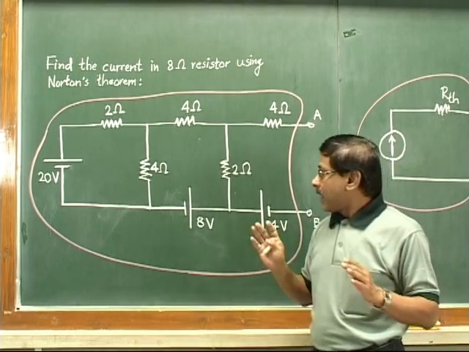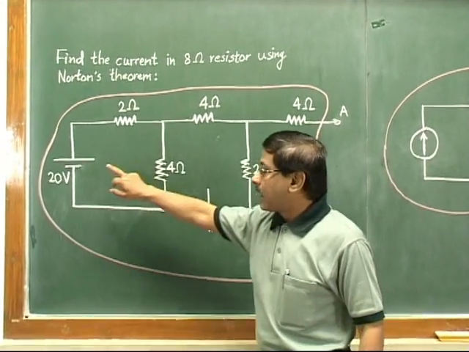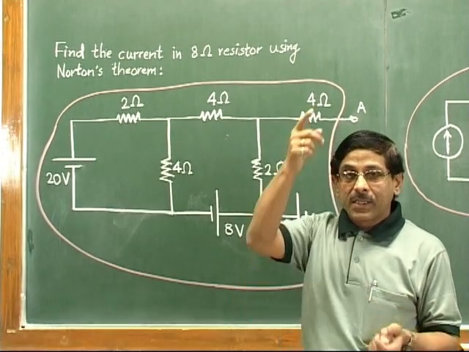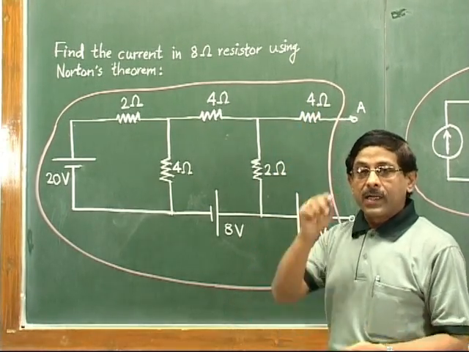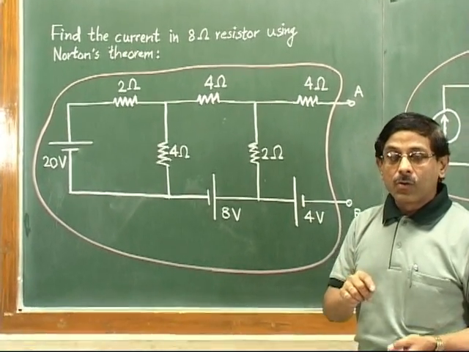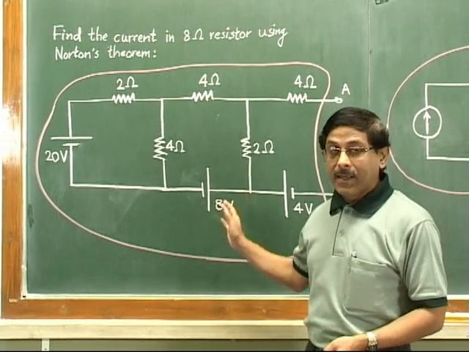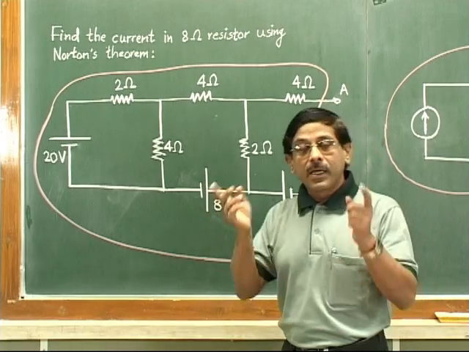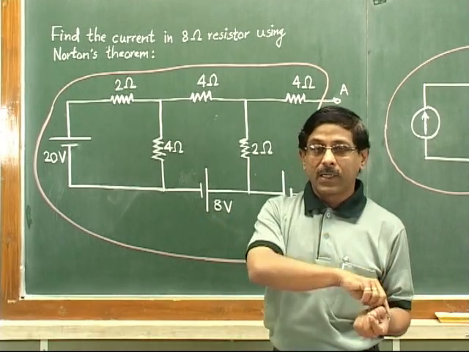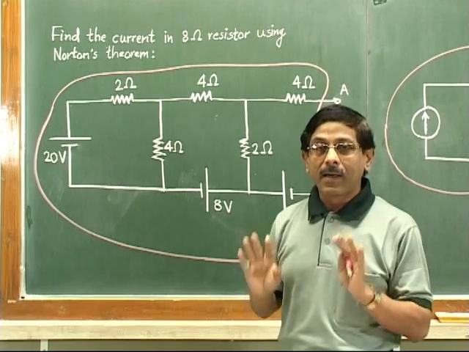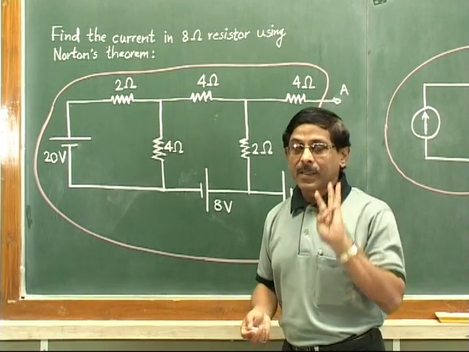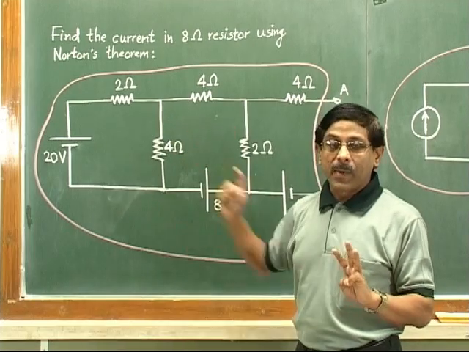What is the idea? If there is an ideal voltage source, we have to replace it with a short circuit. If there is an ideal current source, then we have to replace it with an open circuit. But if these sources are practical sources in the given circuit, then we have to replace both voltage and current sources with their internal resistances. So only three basic things to make this circuit passive.